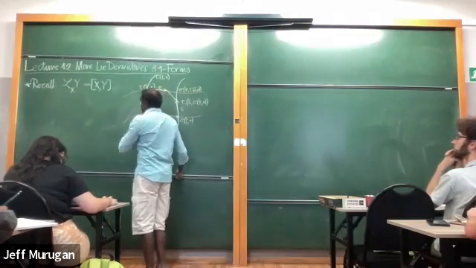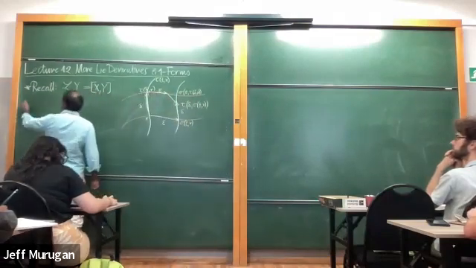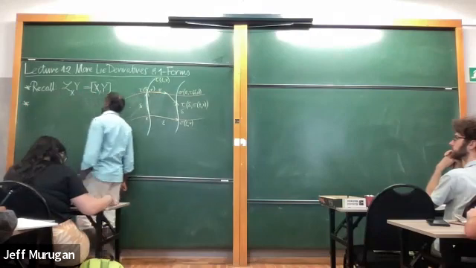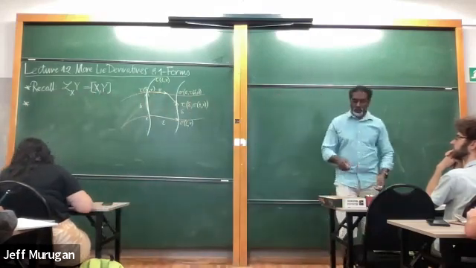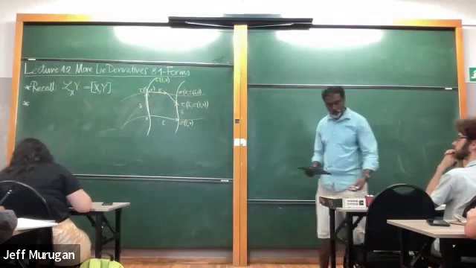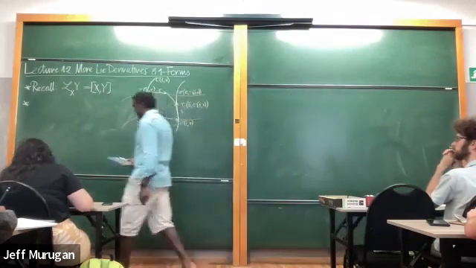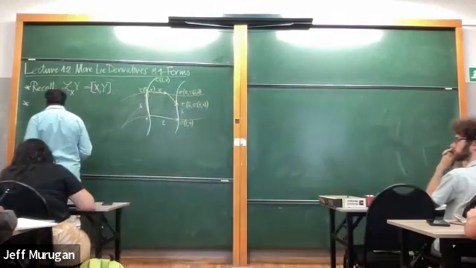Okay, so let's revisit the flow generated by the vector fields y and x, and I'll show you the interpretation of this Lie bracket.